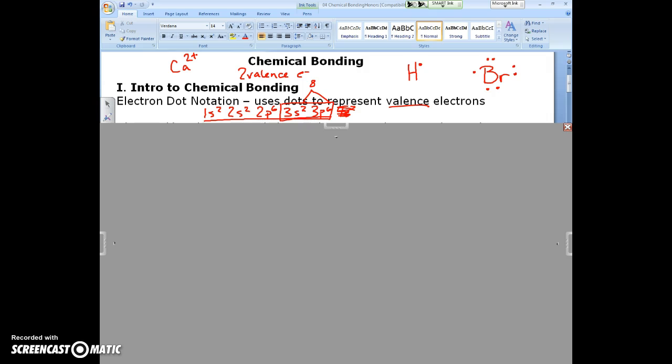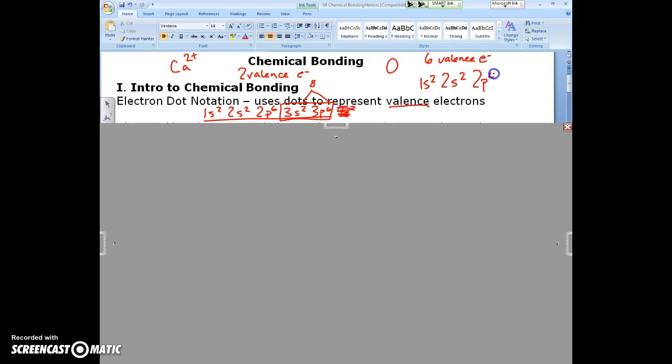We can also look at oxygen. Oxygen is in group 16, so it has 6 valence electrons. And so it's going to do what's easier when it becomes an ion to try and get to 8, so it can either lose 6 or gain 2. Well, gaining 2 is going to be easier, and we can look at it with electron configuration.